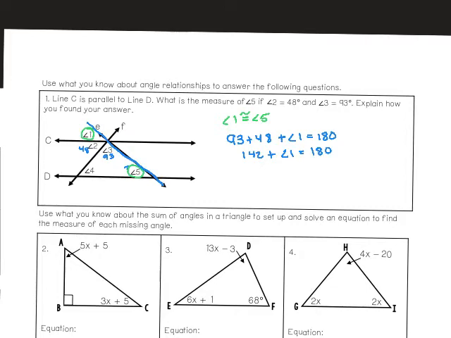So what plus 142 equals 180? 38 degrees. So I now know that angle 1 is 38 degrees. Then I know that angle 5 is 38 degrees.